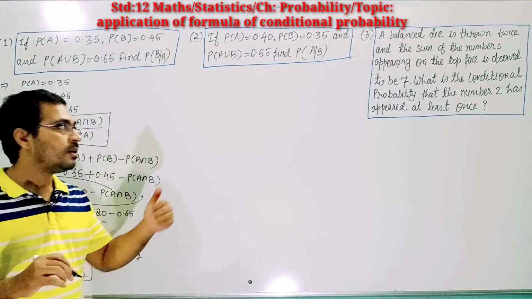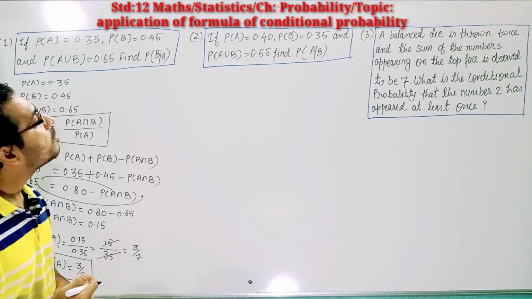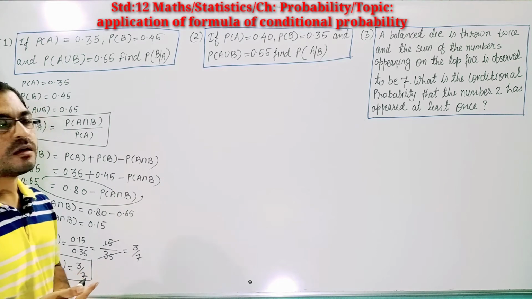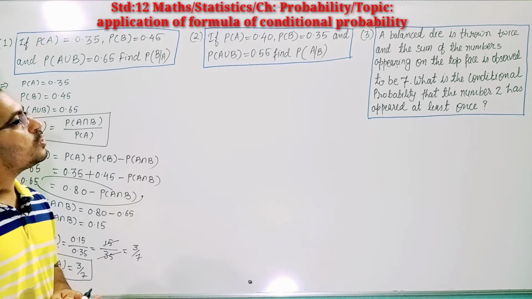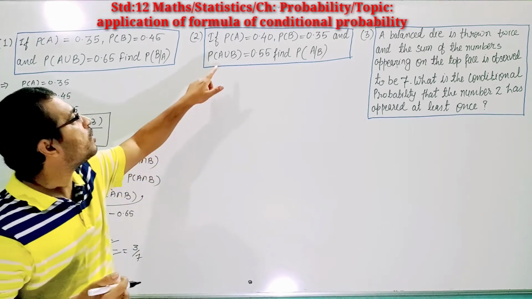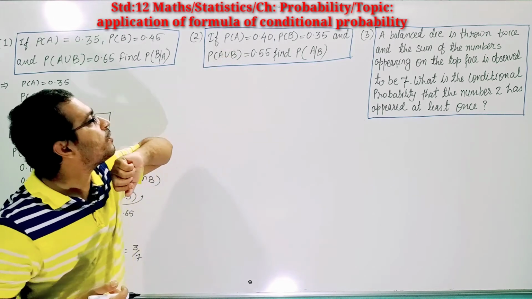Okay students, now moving to the next question. Probability of A is 0.4, probability of B is 0.35 and probability of A union B is 0.55.